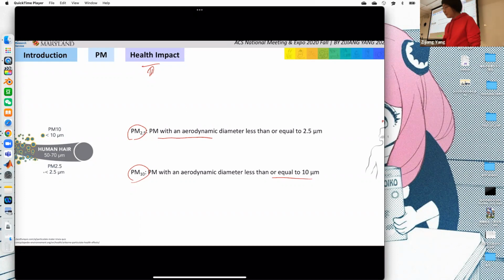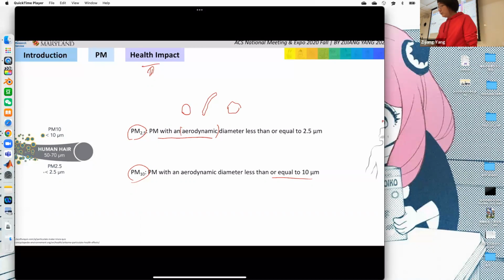And here the important word is aerodynamic diameter, because particles are not always a sphere. They can be something like this, or like plates, or have different geometrical structures.